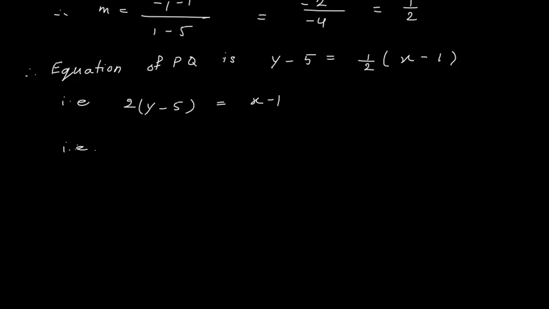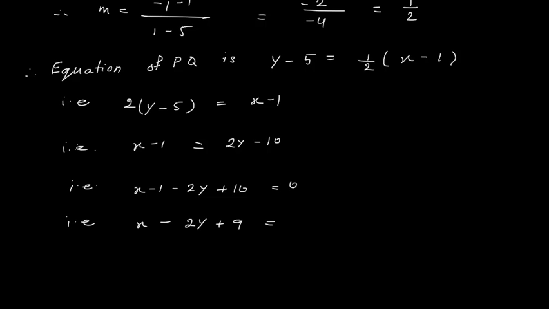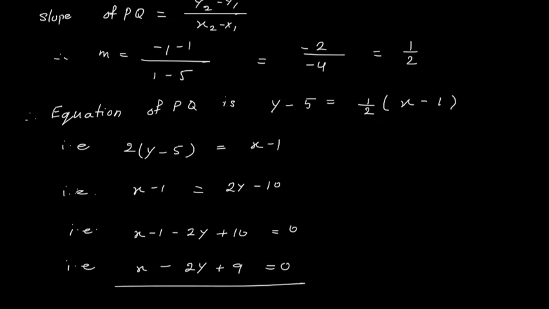I will keep the coefficient of x positive, so x minus 1 equals 2y minus 10. That is x minus 1 minus 2y plus 10 equals 0, that is x minus 2y plus 9 equals 0. So this is the equation of PQ.